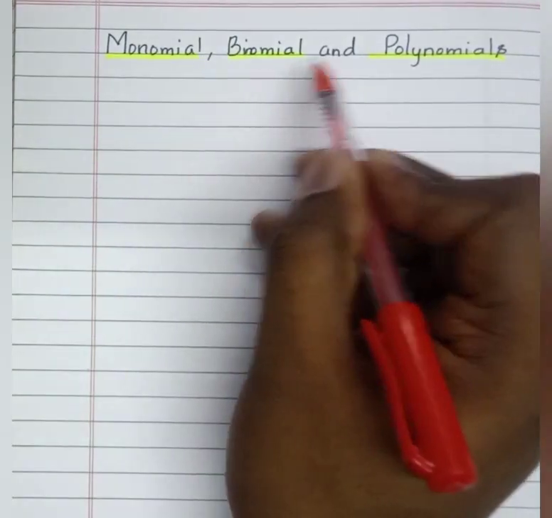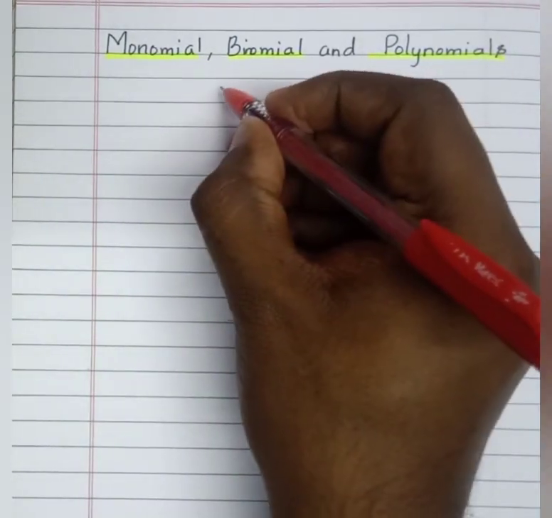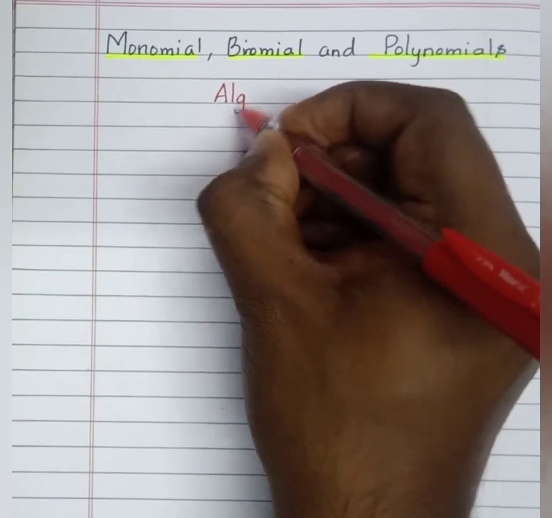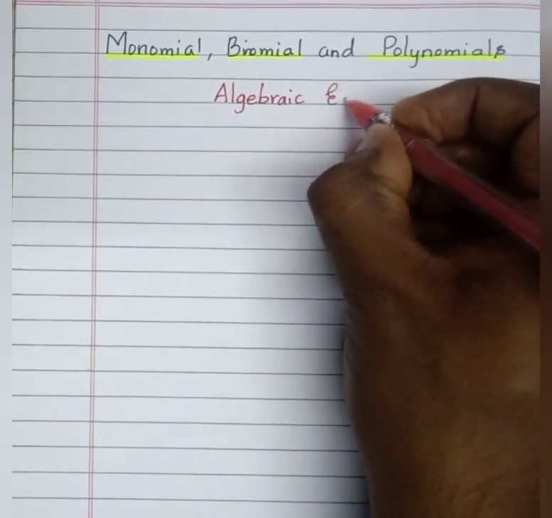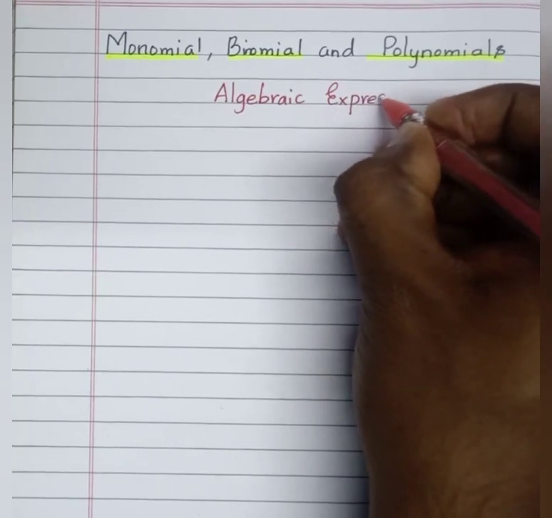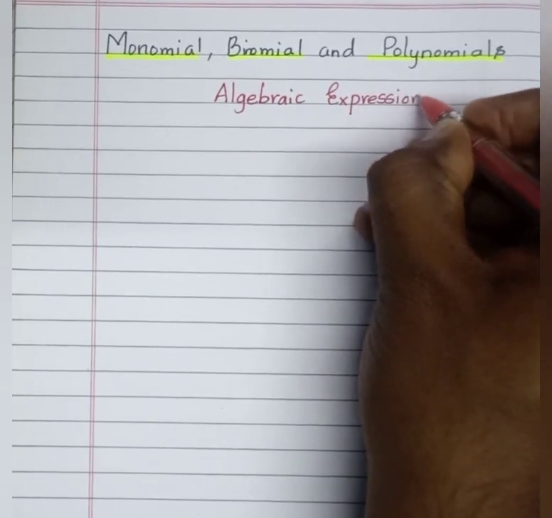Now we shall understand what we mean by monomial, binomial and polynomial. Now consider an algebraic expression.